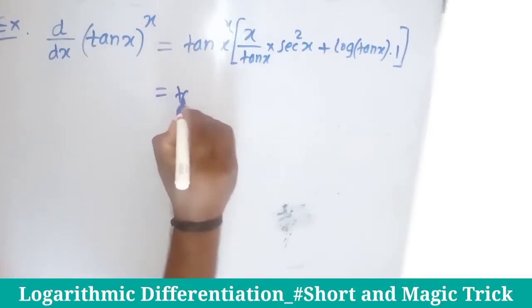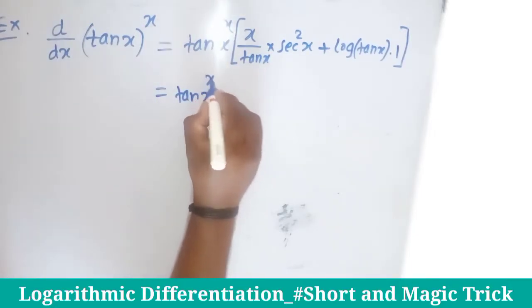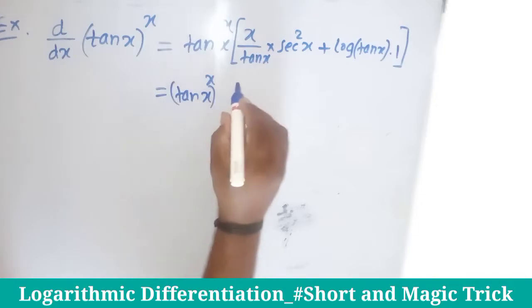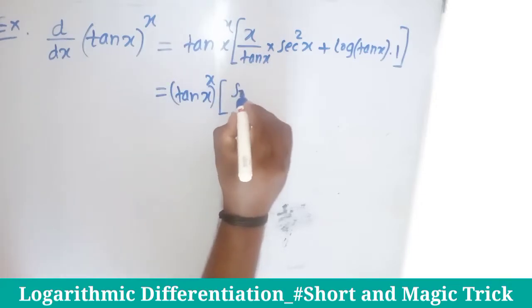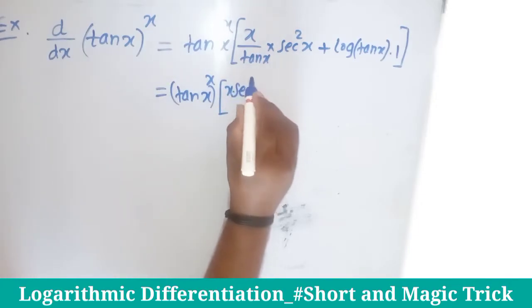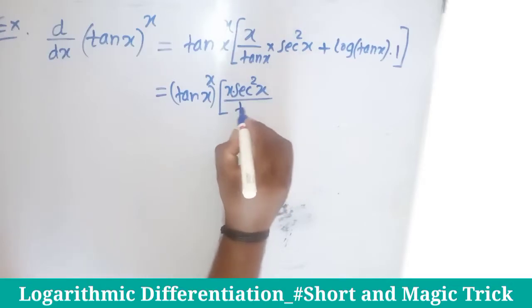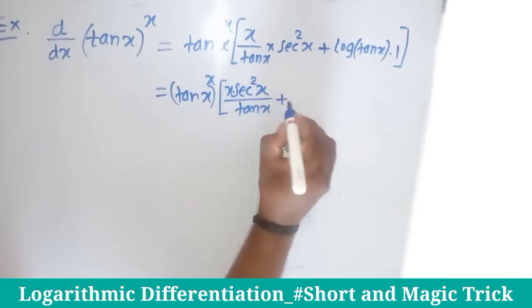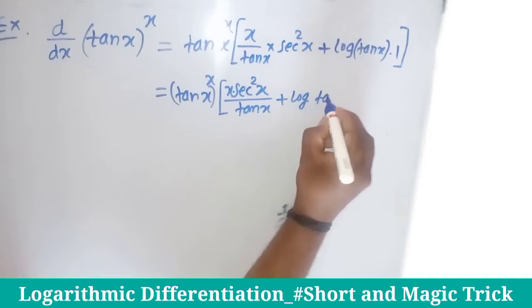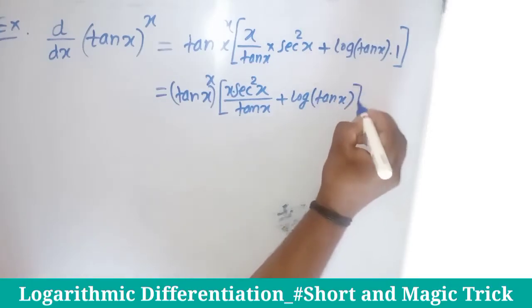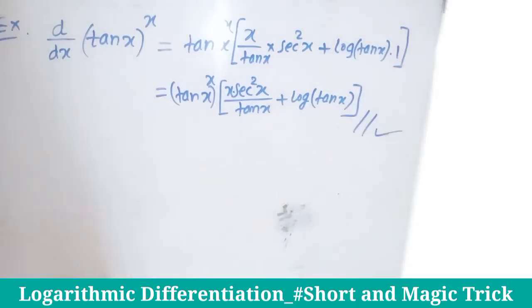Now simplify it: tan x to the power x as it is, inside the bracket x into sec square x upon tan x plus log of tan x, which is the correct one.